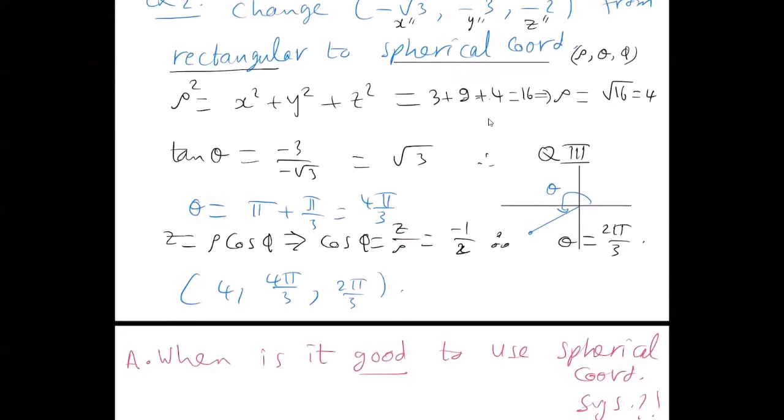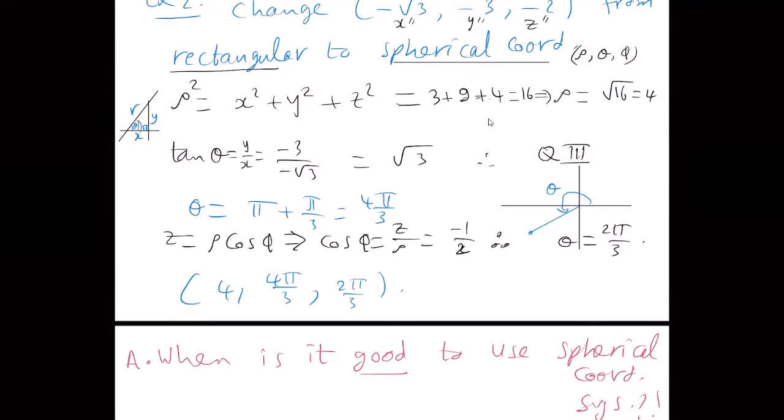This is rho. What is theta? Theta, you know theta. Tan theta is y over x from polar coordinates. This is the x, this is the y, this is the r, this is the theta.